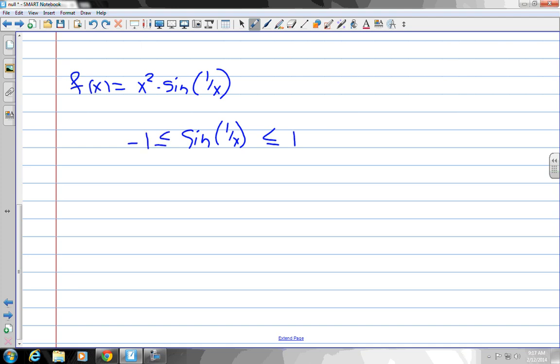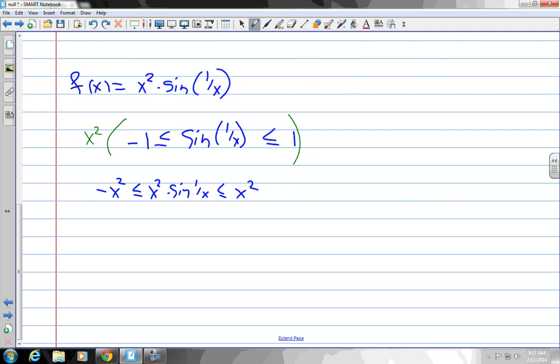No matter how hard you try, the sine will not leave those bounds. Now, to produce my function, I'm just going to multiply everything by x squared. And we'll end up with negative x squared less than or equal to x squared times sine of 1 over x less than or equal to positive x squared.